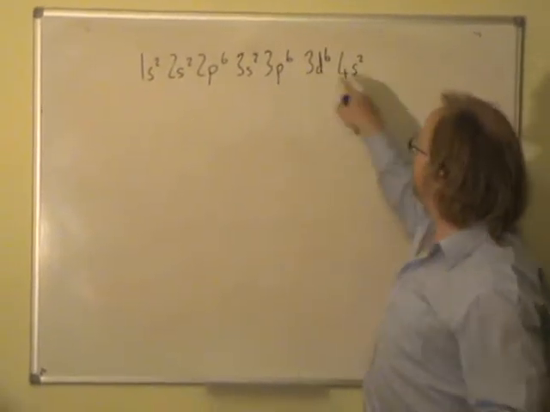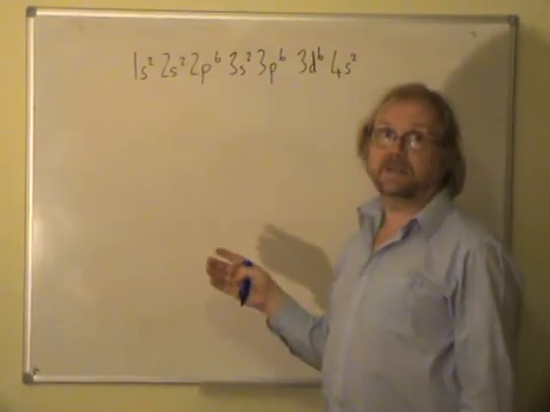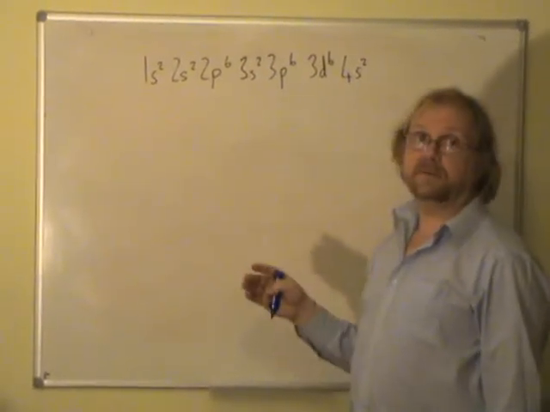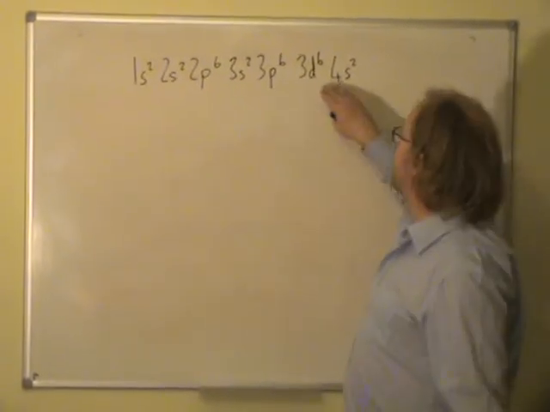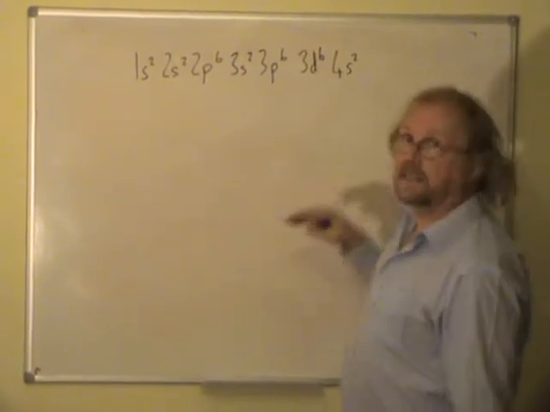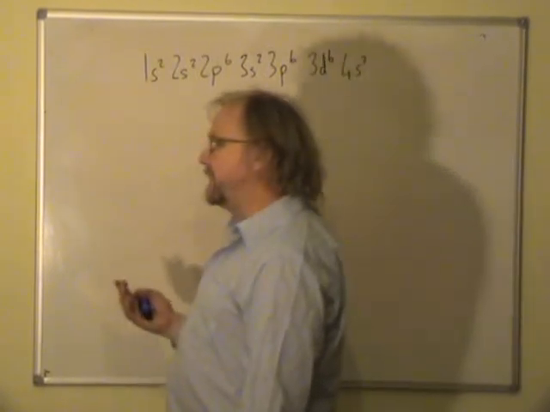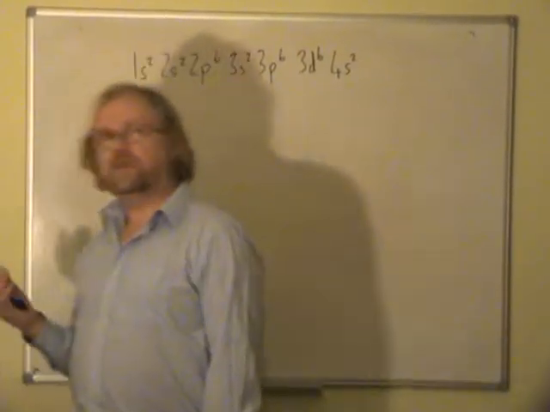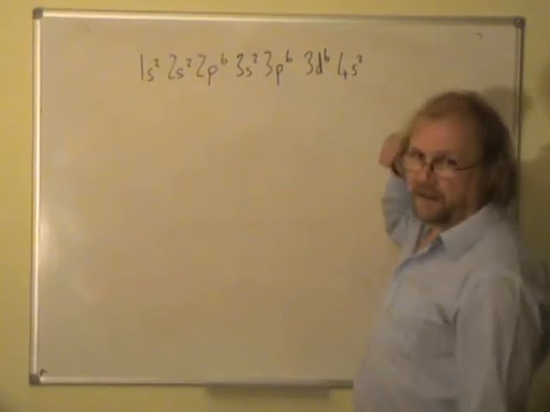People often write these two the other way round, 4s2, 3d6, because that's the order that the periodic table gives you for how the orbitals were filled up. If you write it that way round, that's perfectly fine, so long as you don't miss the fact that the d electrons are there.